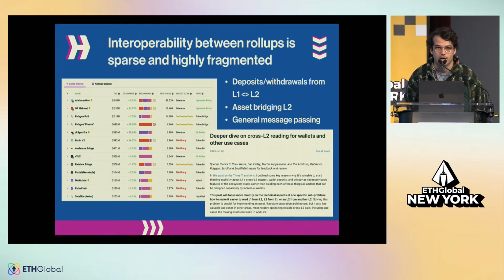And a lot of users are opinionated about what network they hold their funds on, or what wallets they use that support maybe a small subset of networks. And so even if you want to adopt one of these new infrastructure layers, you have to meet your users where they are. And this is the central problem of interoperability, specifically in the Ethereum ecosystem, with all these new rollups popping up.